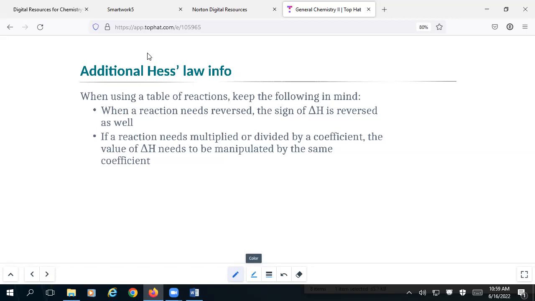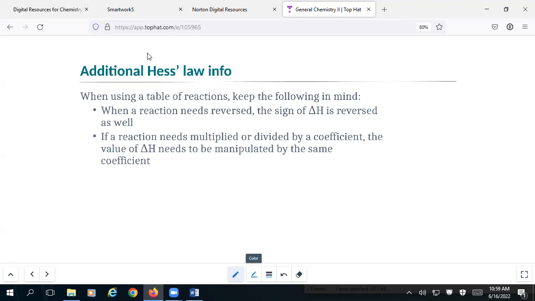So what we mean by that is, if we flip the equation around, we need to make sure that we flip the sign of that delta H value. If we multiply our reaction by 2 or 3, or by some fraction, half, third, quarter, whatever, we need to make sure that we do the same thing to the delta H value as well.